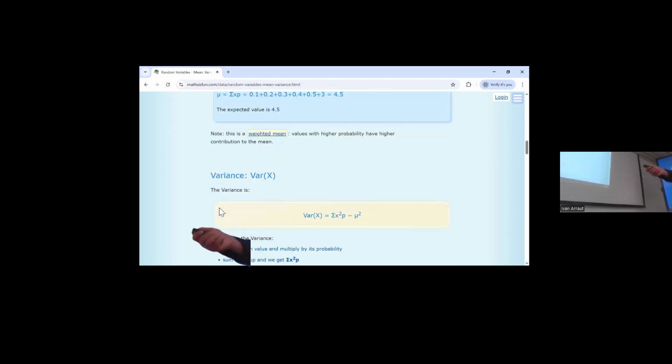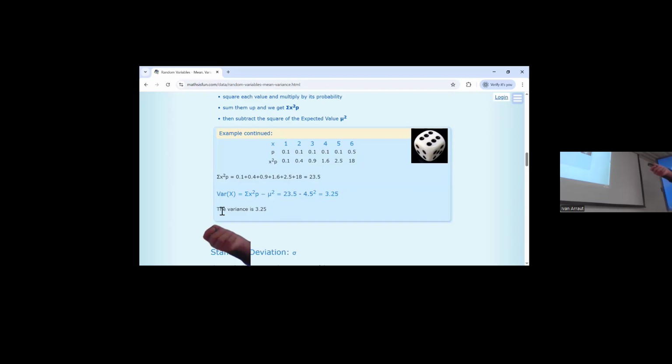The variance is the sum of the square of the deviations with respect to the mean value. You have the mean value already. You square it, for example, 4.5 squared is this, and you subtract that value from the summation of x squared times p. Of course, nowadays we have software that does these things for us, but it's important for you to understand conceptually what this is.